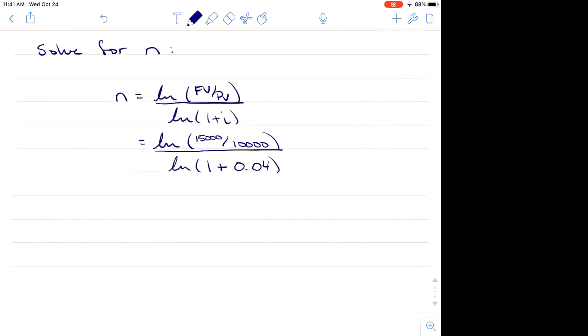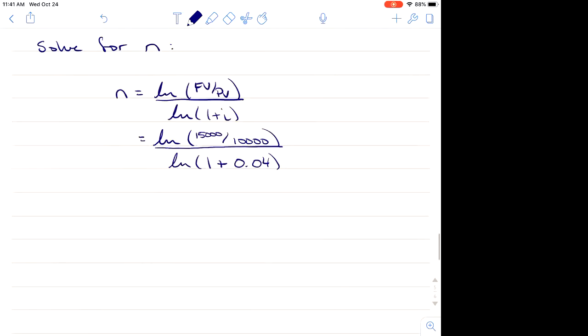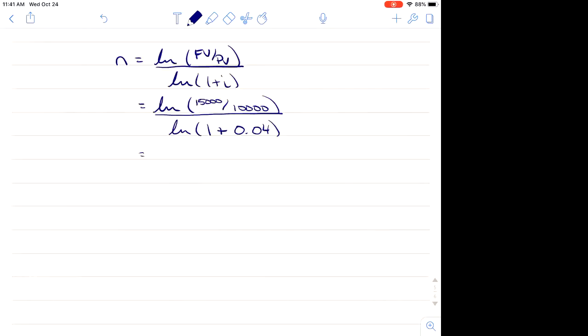So I'm going to simplify what's inside the log. 15,000 divided by 10,000. The log of 1.5 over the log of 1.04.